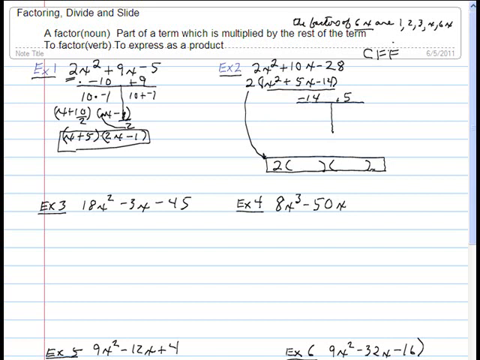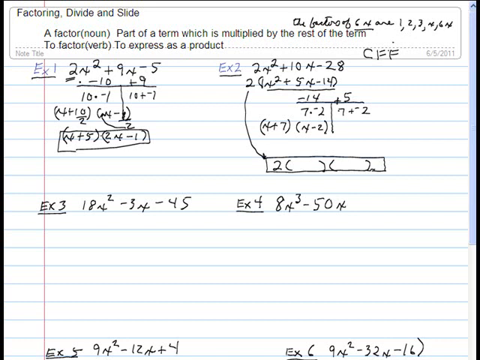So I want two numbers that will multiply to give me negative 14 and add to give me 5. Well, again, that's really easy. 7 times negative 2 gives me negative 14, and 7 plus negative 2 gives me positive 5. And so, since my numbers are 7 and negative 2, I write for my factors x plus 7, x minus 2.